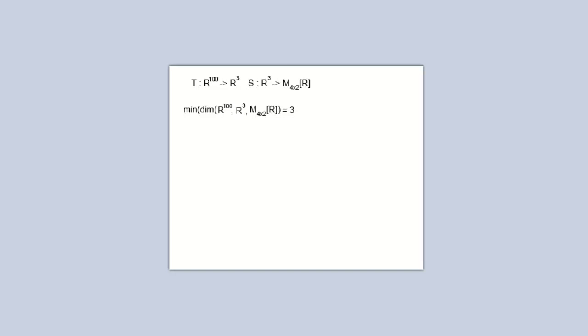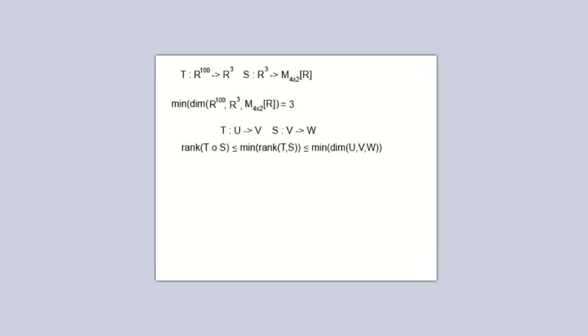In general, if T is from U to V and S is from V to W, you'll always find that the rank of the composition T composed with S is less than or equal to the minimum of the rank of T and the rank of S, which is also less than or equal to the minimum dimension between U, V, and W.